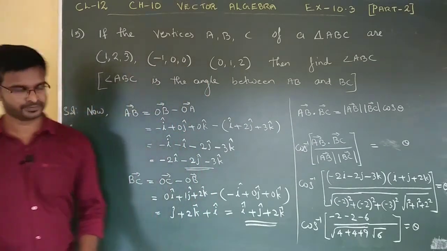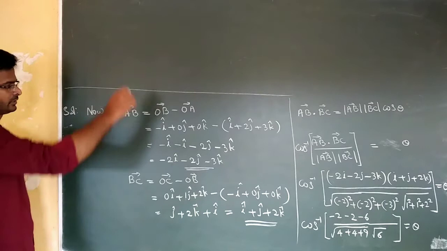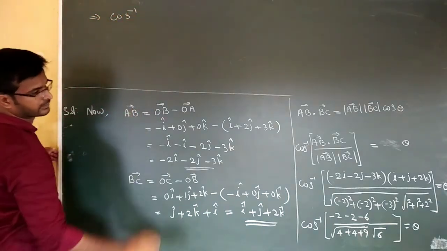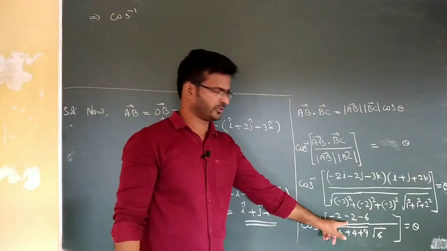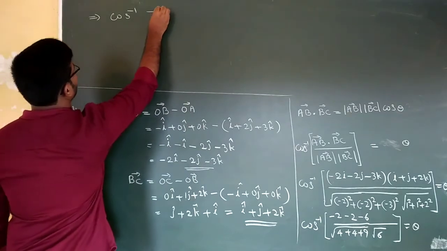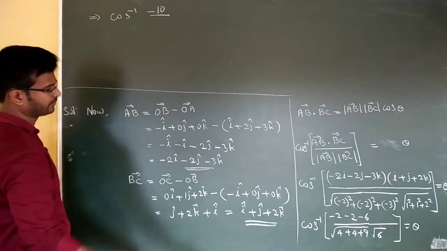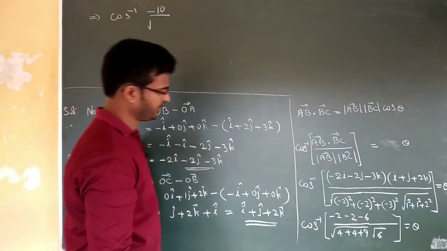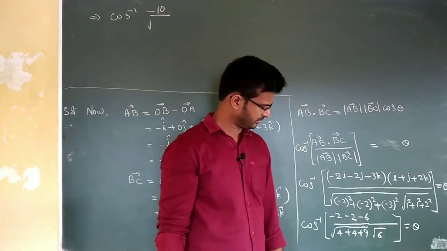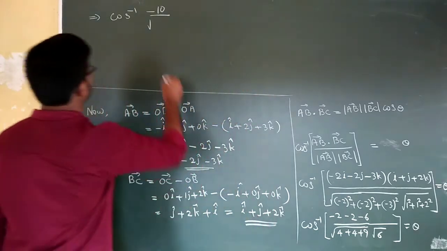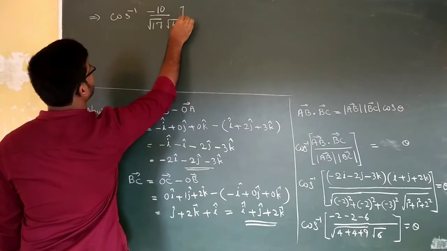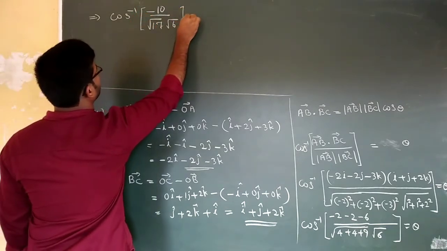Then the remaining part we can write here. Cos inverse, minus 2, minus 4, then again minus 6 is minus 10. Minus 10 divided by square root of 4 plus 4, 8 plus 9, 17, root 17, root 6, equal to theta.